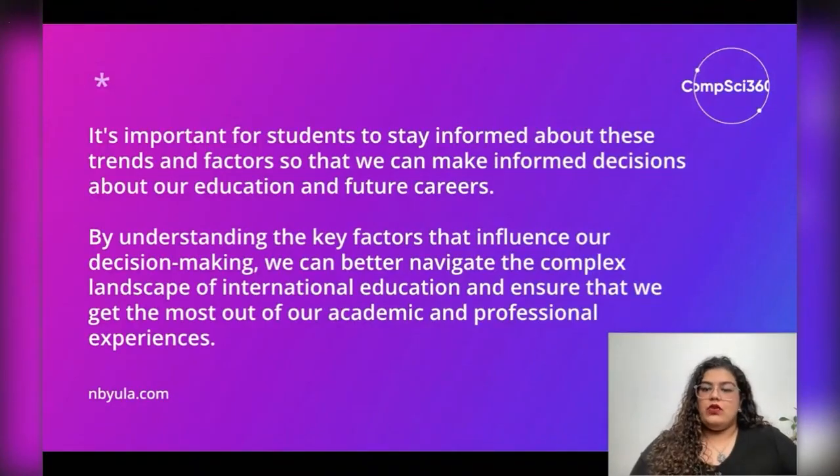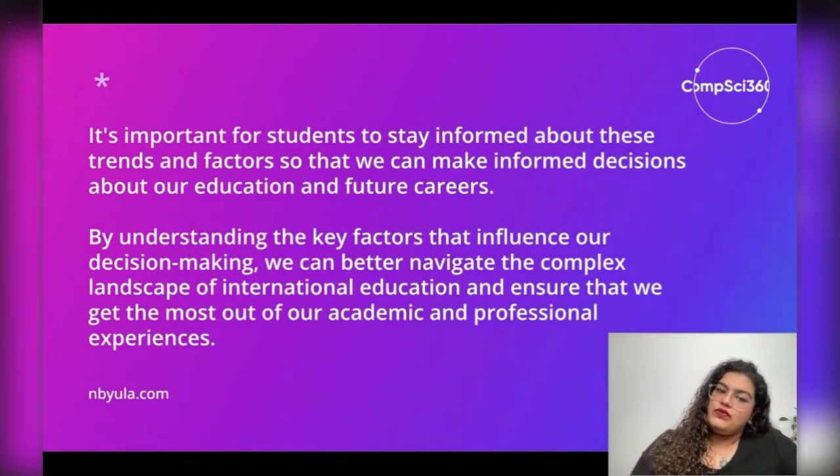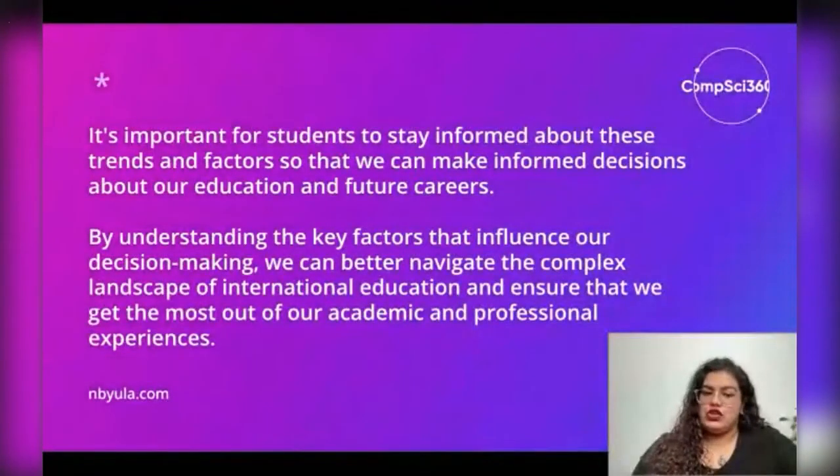So that's a brief overview of international student recruitment trends in the UK, with a focus on Indian students. Now, as college students from India, it's important for you to stay informed about these trends and factors so that you can make informed decisions about your education and future careers.